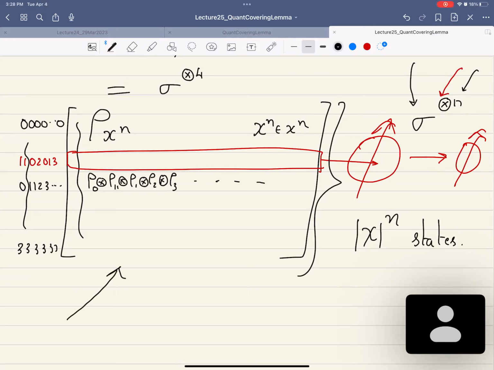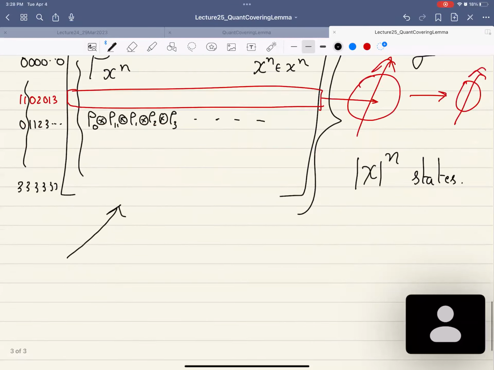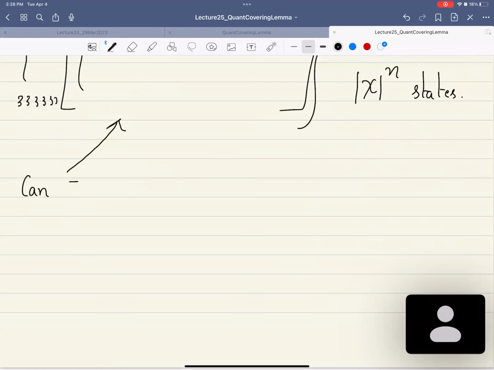That's the question. Can I simulate sigma tensor n through a smaller bank, an exponentially smaller bank?